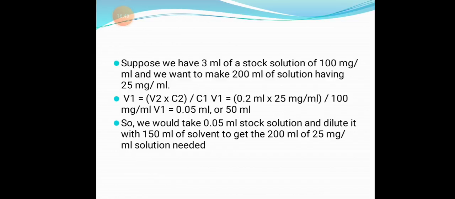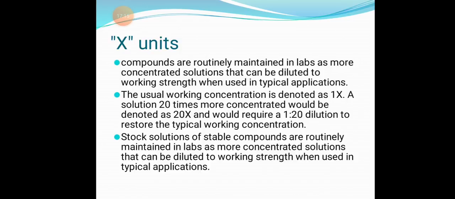V1 = V2 × C2 / C1 = 200 ml × 25 mg/ml / 100 mg/ml. V1 is equal to 50 ml. So we would take 50 ml of stock solution and dilute it with 150 ml of solvent to get the 200 ml of 25 mg per ml solution needed.